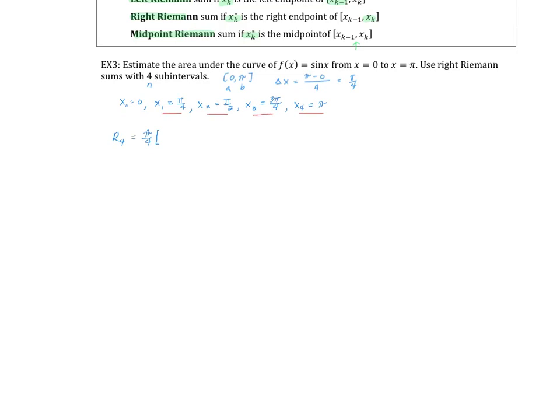So I'm just going to factor out the pi over 4 because I know I can. And then just add up f of pi over 4 plus f of pi over 2 plus f of 3 pi over 4 plus f of pi.